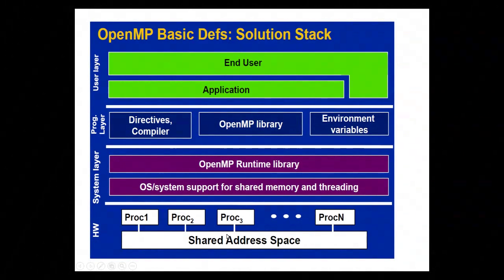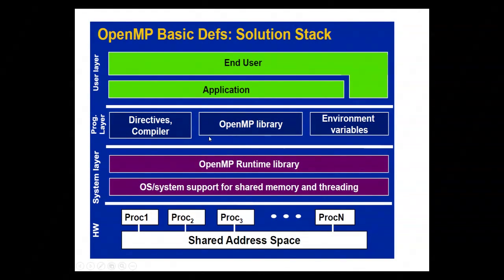Then on the systems level, the operating system should support shared memory and threading. And then it supports the OpenMP runtime library. This is basically the part supported by the compilers, so the compiler should have the ability to support the OpenMP interface.